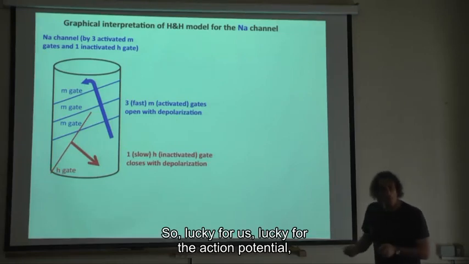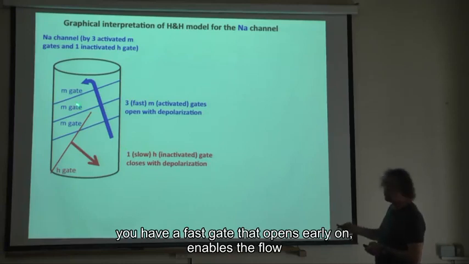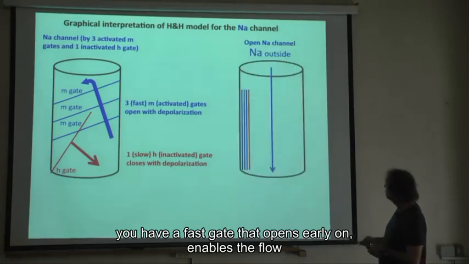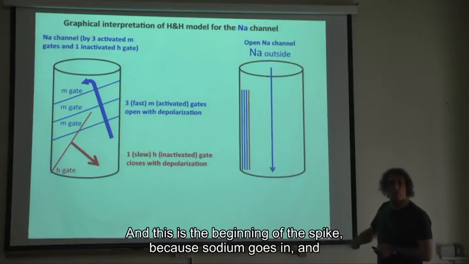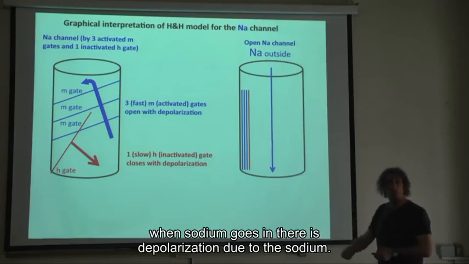So lucky for us, lucky for the action potential, you have a fast gate that opens early on, enables the flow of sodium from the outside to the inside early on. And this is the beginning of the spike, because when sodium goes in, there is depolarization due to the sodium.